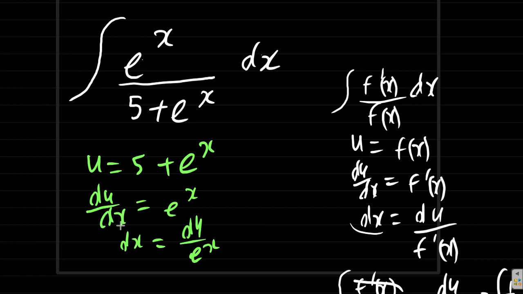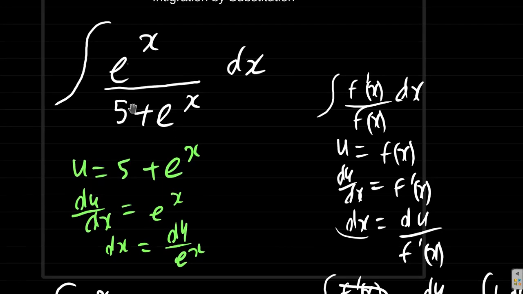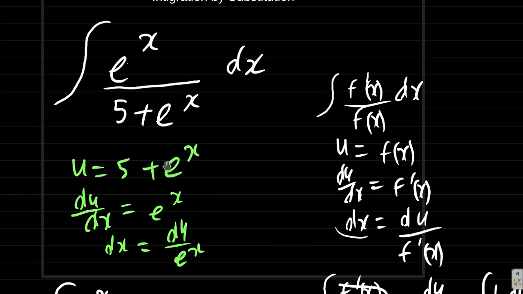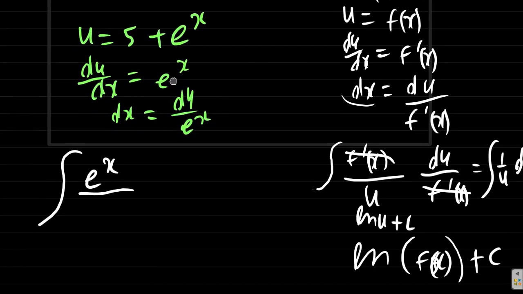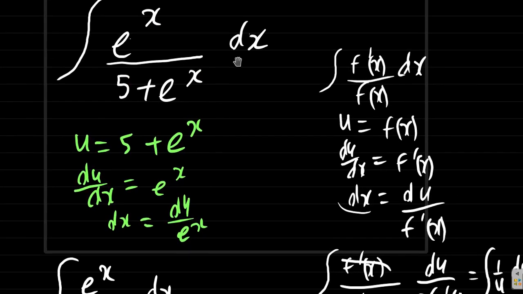Now what you're going to have is the integral of e to the x divided by what now? 5 plus e to the x. But 5 plus e to the x is u. So it's divided by u dx. But you don't want dx.